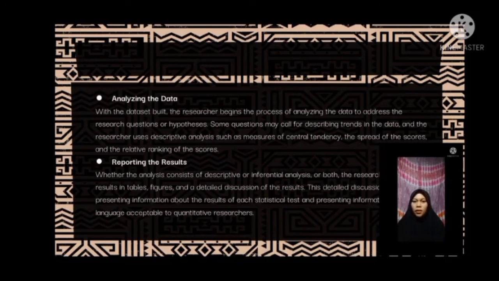This detailed discussion involves presenting information about the results of each statistical test and presenting information using language acceptable to quantitative researchers.